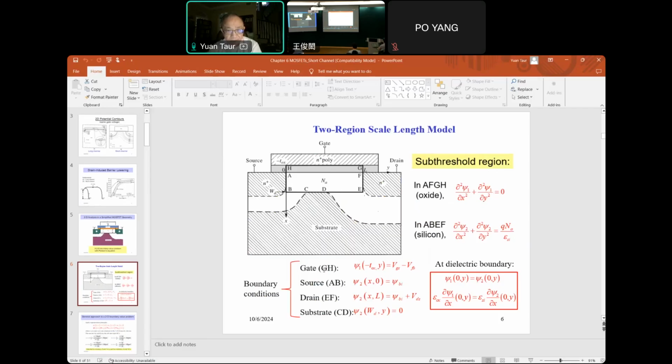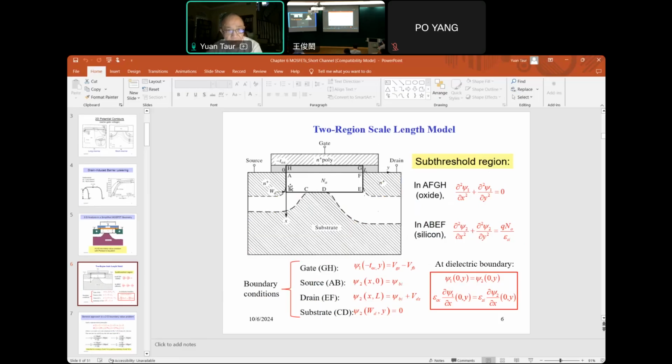The four boundary conditions are specified by the four conductors: top, bottom, left, and right. Top is the gate. So the gate is psi.